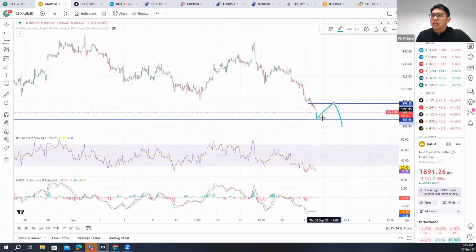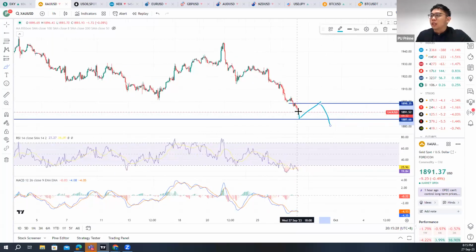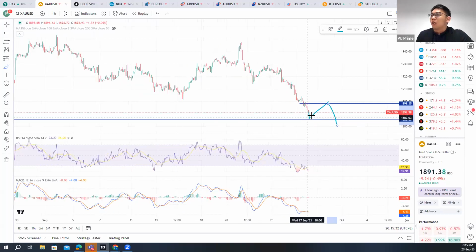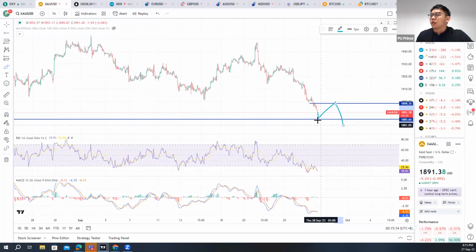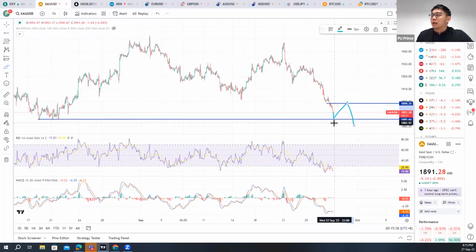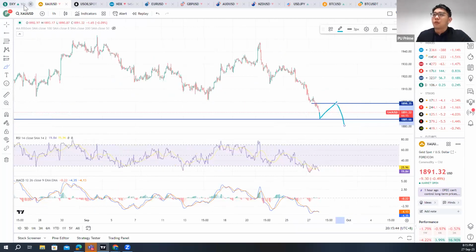So these are the two chances that you might want to seize. The first one is when it touches here, catch a short technical rebound. Or unless it breaks here straight away strongly, then maybe you can set a sell stop and continue the short position for gold.